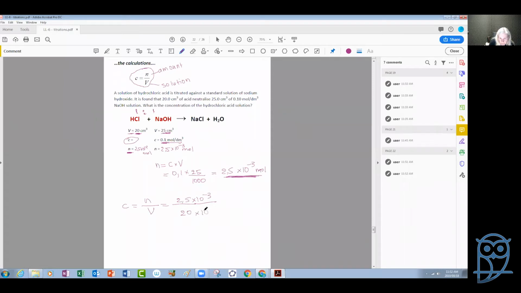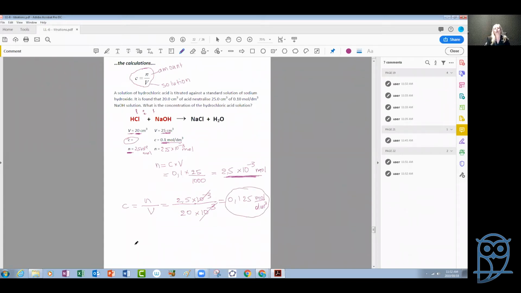Remember, we need to change it into cubic decimeters. And here, which is nice because this cancels, isn't it? So it's 2.5 divided by 20, and how much is that? 0.125 moles per cubic decimeter. And this is the unknown concentration of the acid.